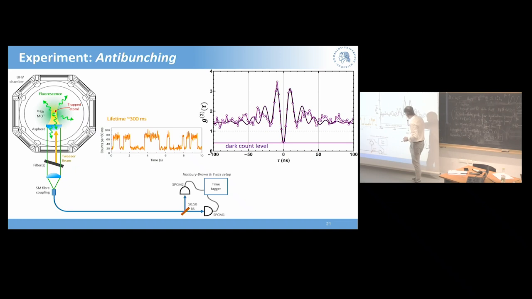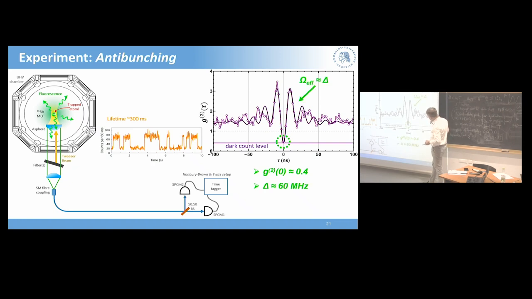The dark count level is below 0.5, and we reach this dark count level. So we are below this 0.5 by a bit, so it's 0.4. And now the reason why we see these oscillations is because we have a detuning between the laser and the atom, and this detuning leads to oscillations at the frequency detuning.